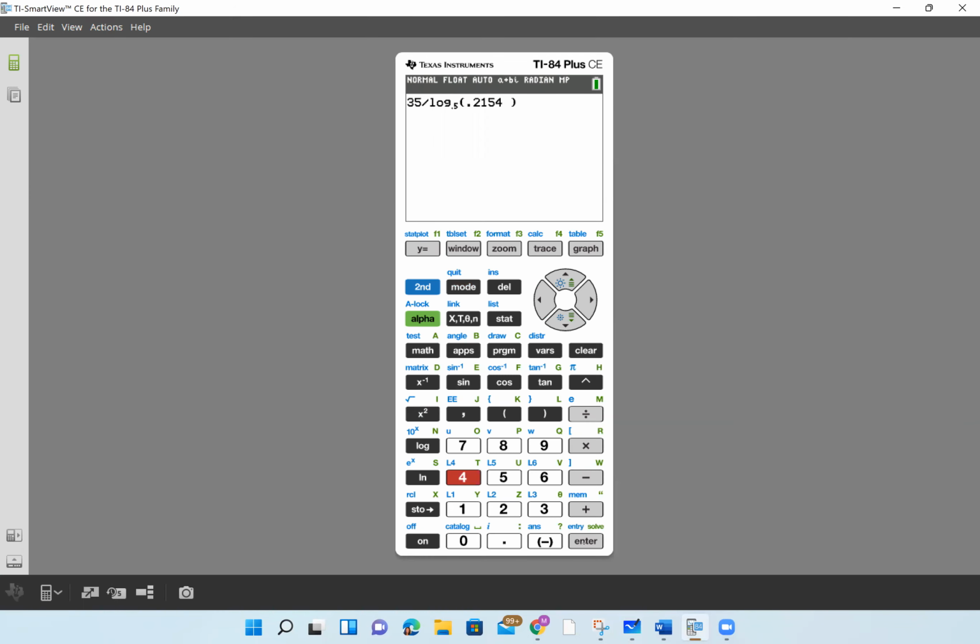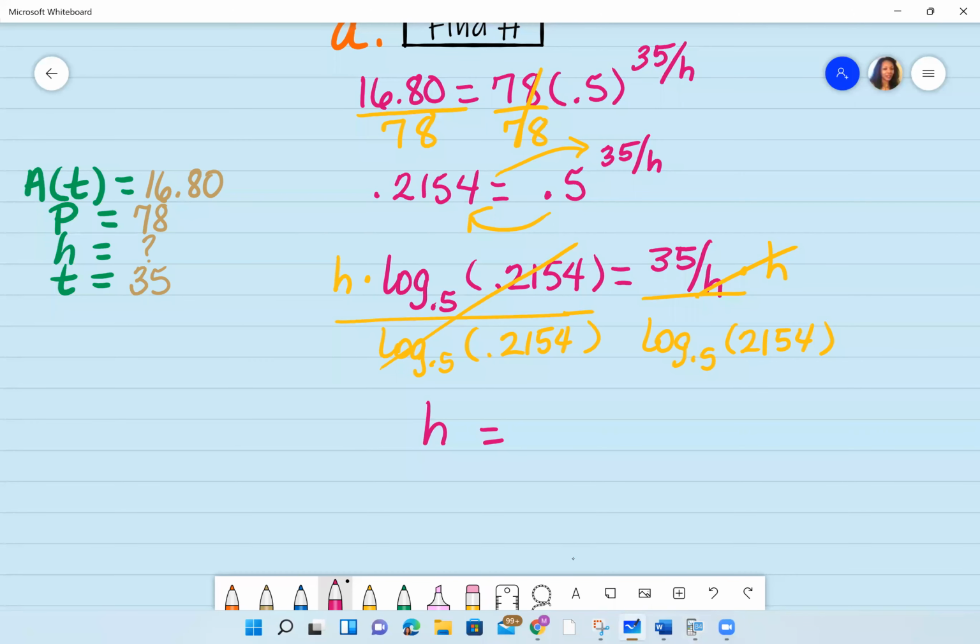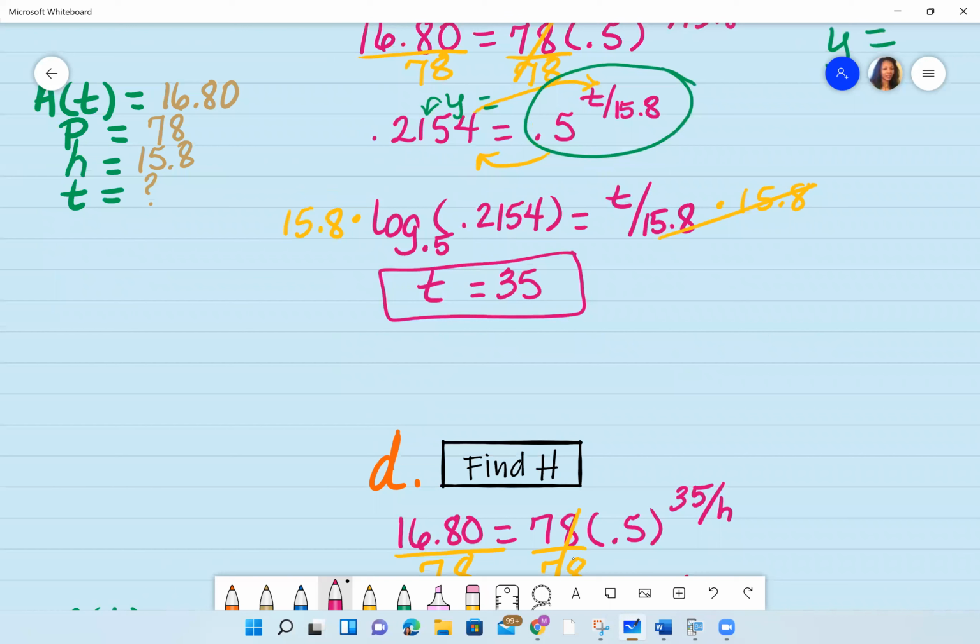Yes. And my answer here is 15.8. So for my half-life, 15.8. If I go back up to my scenario, or even here, yes, I see that is correct.